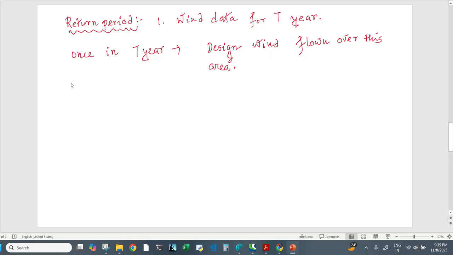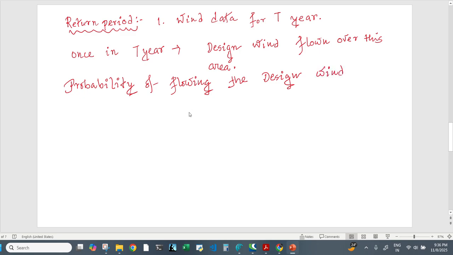That means the probability of the design wind occurring is P equal to 1 by T. If I take T equal to 50 years, the chance of this occurring is 1 by 50, which equals 0.02.